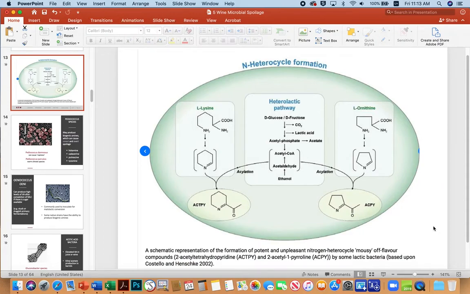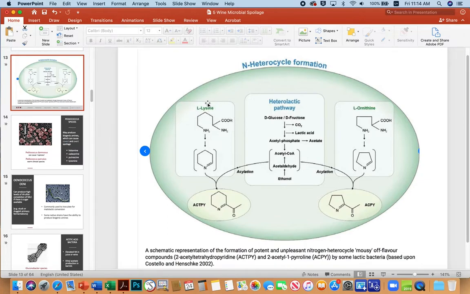Of the biochemical reactions resulting in mousy off-flavors, in particular the production of ACTPY, which is acetyl tetrahydropyridine, and ACPY, which is acetylpyrroline. Both of these molecules result from the deamination and decarboxylation of an amino acid.